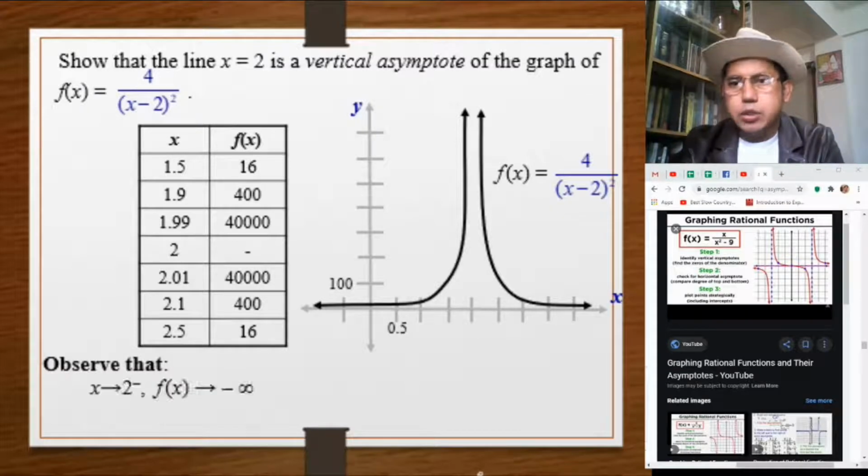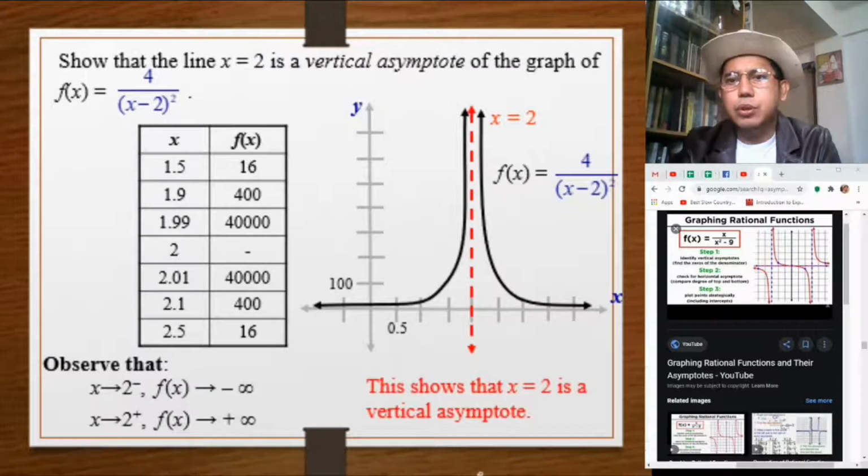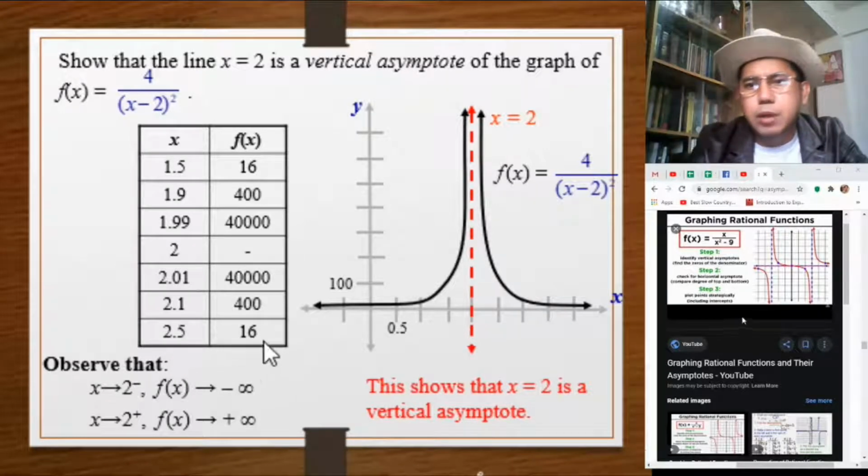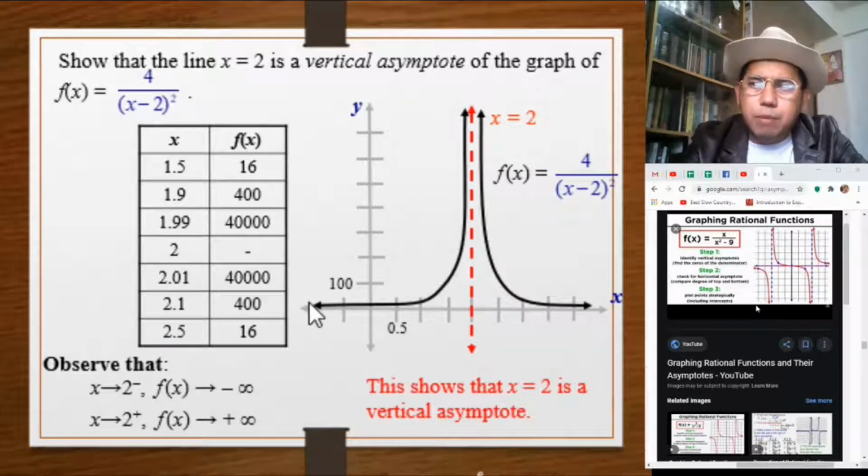Okay, let's try to consider the graph. So you will notice that I have in here the graph of my rational function. If the graph is coming from the left side of positive 2, the restriction of the rational function, you will notice that as it comes closer and closer to positive 2, it will go up, it will rise, and it will not cross this vertical line, which is the value of the x, positive 2.